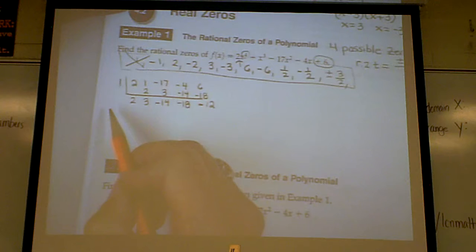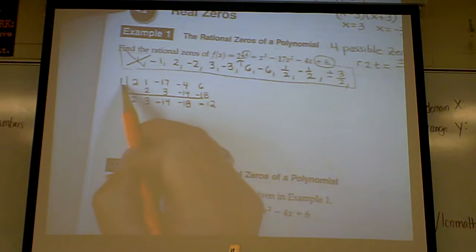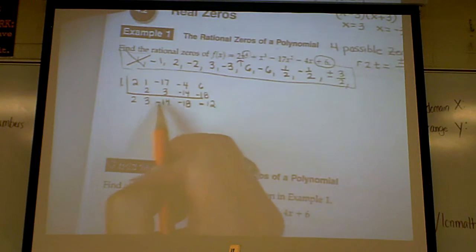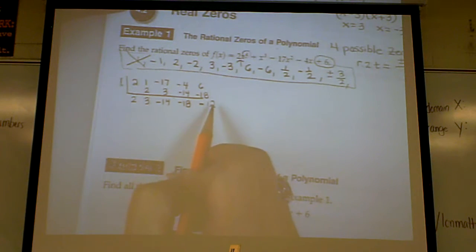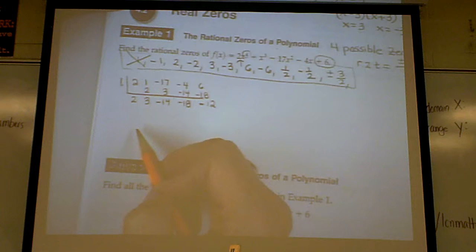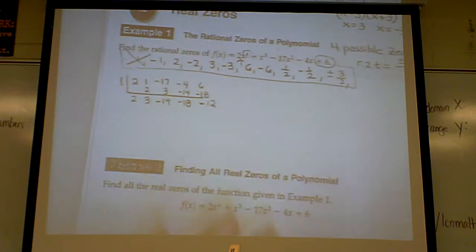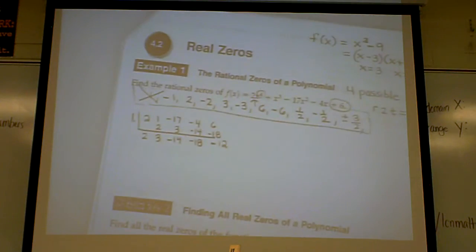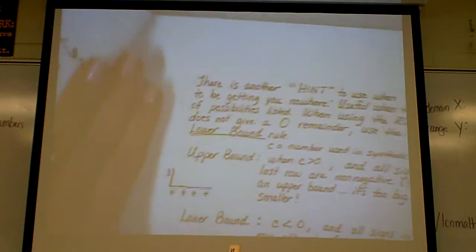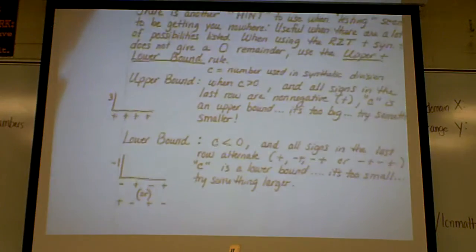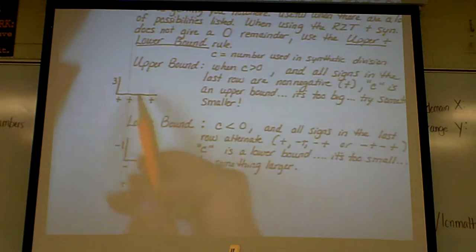Go the other way. If you try a negative number, and you get checkerboard positive, negative, or negative, positive all the way down here, that number's too small. That's a lower bound. Try something bigger. If you look in your notes, I wrote it out for you right here. There's a hint, you go through it, and I show you here.